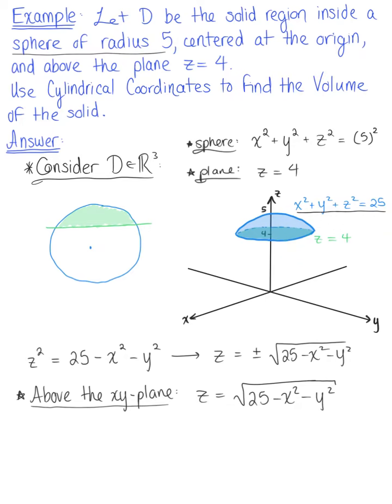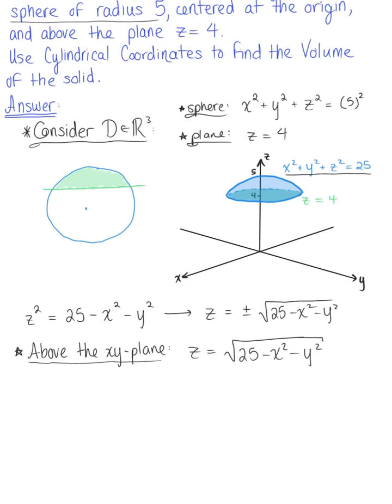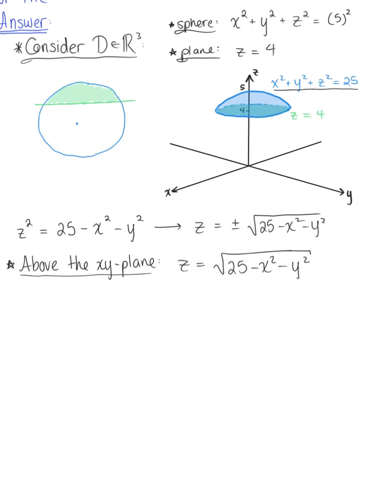Beautiful. So now that we have rewritten the upper bounding surface in terms of z, we're ready to state the z bounds. So we can see here that z is greater than or equal to the plane, so z is greater than or equal to 4, less than or equal to the sphere, which is the square root of 25 minus x squared minus y squared.